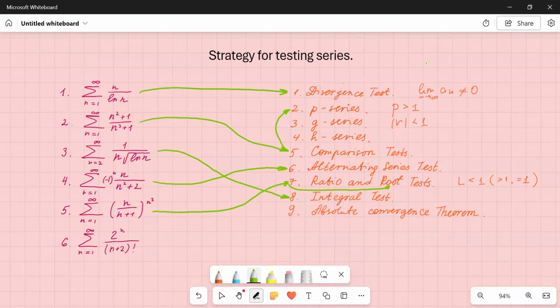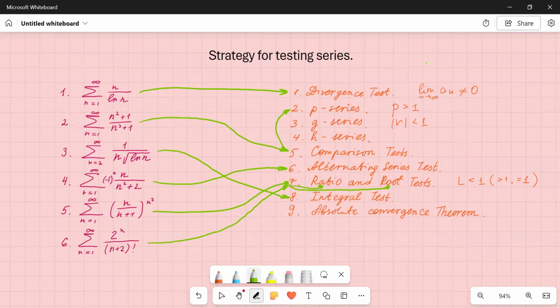But again, root test and ratio test are friends, and you can use the ratio test too. It's just going to be longer. And the last problem has a factorial and 2 to the power of n. Well, we don't know what the nth root of a factorial is, so maybe we should just use the ratio test. So I'm going to bring it again to here, to the ratio test.